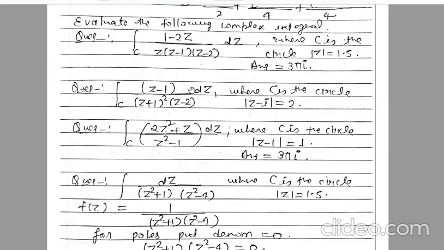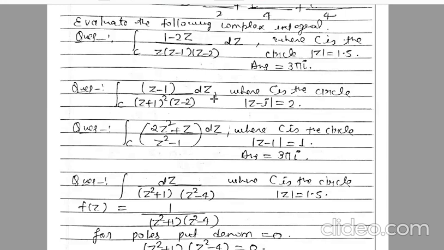Now the question is whether all three poles lie inside the circle or not. z equal to 0 lies inside the circle |z| = 1.5, and z equal to 1 also lies inside. Both poles will lie inside the circle |z| = 1.5, but z equal to 2 does not lie inside the circle |z| = 1.5.